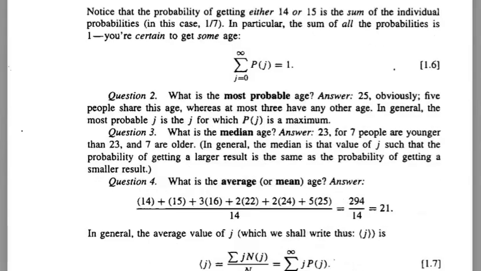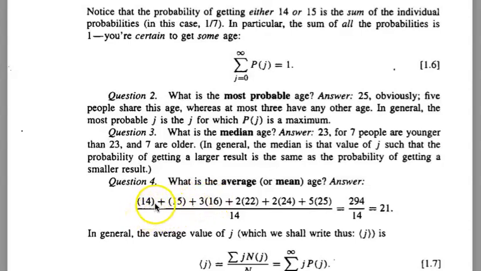So the main value that we want to calculate is not the most probable value. No, the most probable value here will be 25. It is not the median value either, which is 23. What we want to calculate is what's called the mean. And in quantum mechanics, we will call this the expectation value.